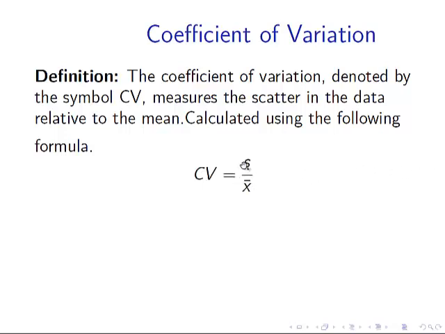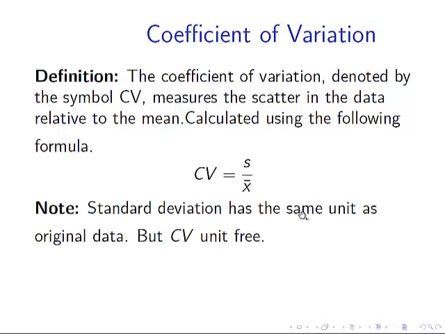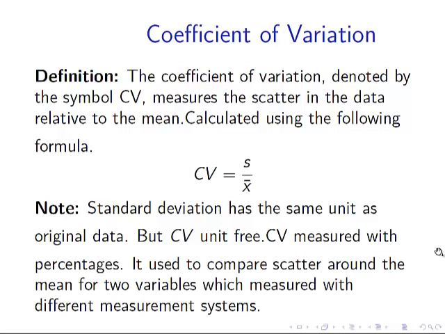As you see, we use a fraction to calculate it. We divide the standard deviation by the sample mean. Standard deviation has the same unit as the original data, but because you divide the standard deviation by the mean, the coefficient of variation is unit-free. You can calculate the coefficient of variation as a percentage by multiplying this fraction by 100.